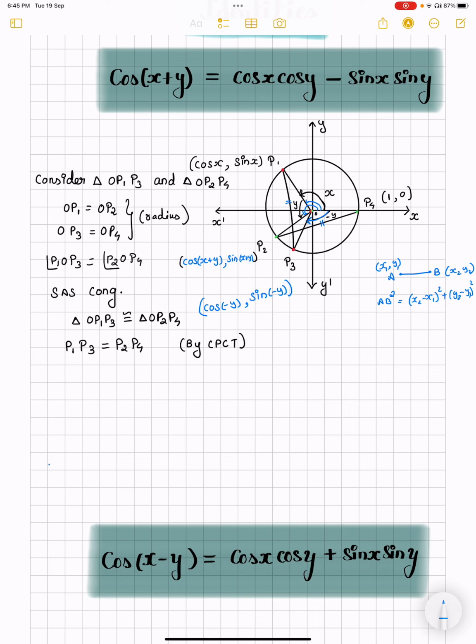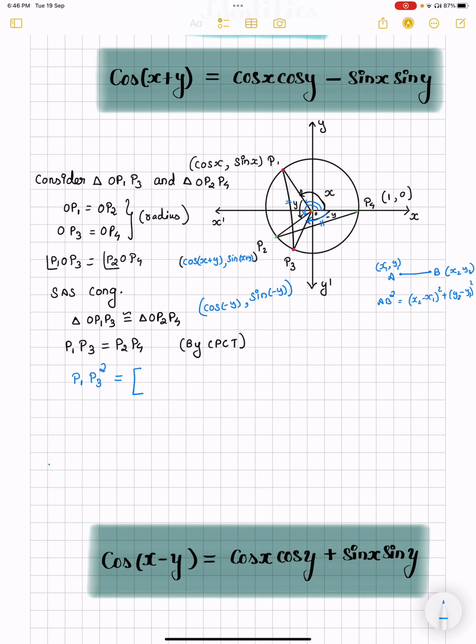We would be generally writing AB is equal to root of, but I'm not going to go for root now because my motto is not that actually here. So let's go with the distance formula. I would be saying P1, P3 square is equal to. See, what is our P1? cos x, sin x. What is my P3? It is cos of minus y and sine of minus y.